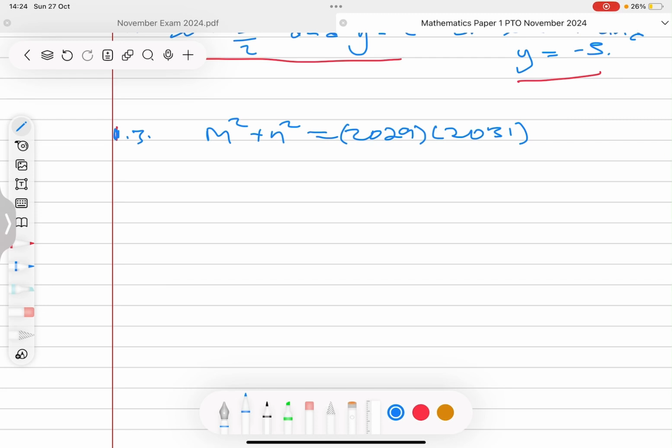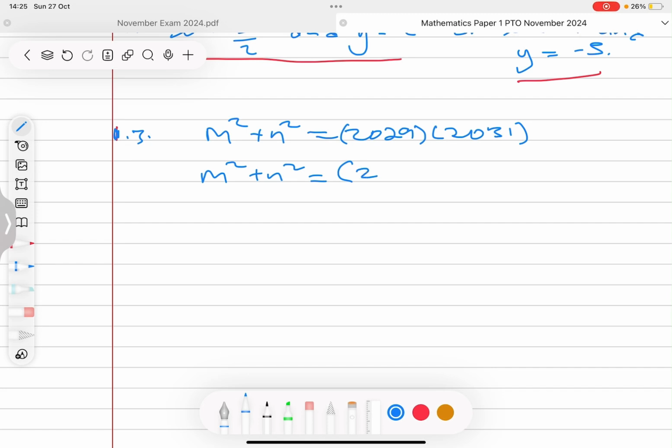Because I see squares here, I'll try to bring a square also on the right hand side, right? And how I will do that is I'll just write this as it is, and I'll say, how about I do the product of the difference of these two numbers.